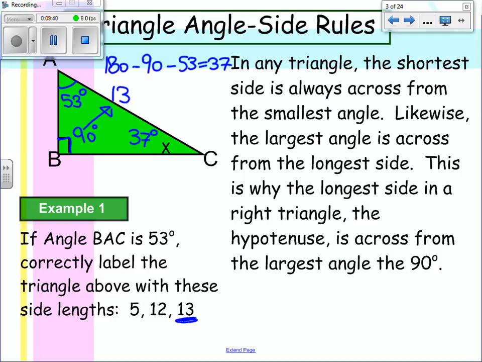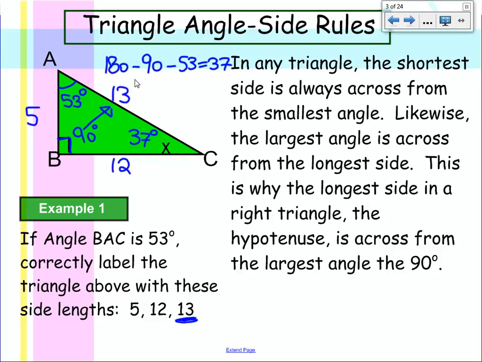Across from the 53, well, how would we describe that side? Side BC. Right, so 53 goes across to here. That's side length 12. That means the last one, kind of by elimination, has to be 5. But notice, the biggest angle is the biggest side length. The smallest angle, the smallest side length. It'll always work that way, I promise.